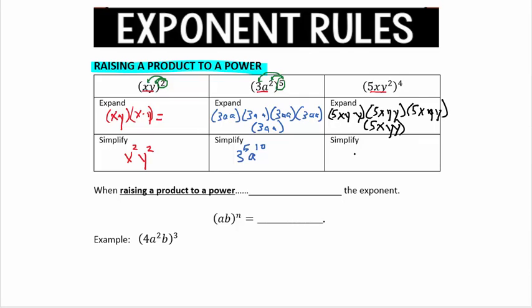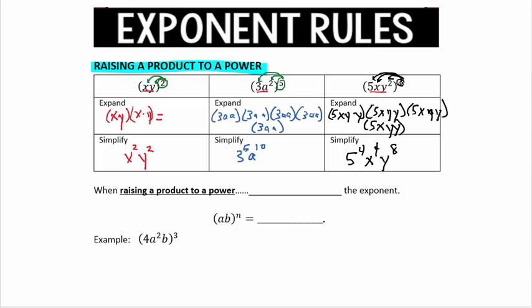So how many 5's do I have? 4, so I'm going to raise that to the 4th. How many x's do I have? 1, 2, 3, 4 of those. Raise that to the 4th. So if you look, it looks like I just distributed that 4 to the 5 and the x. And now if I distribute it to that 2, I have 1, 2, 3, 4, 5, 6, 7, 8. So y to the 8th.